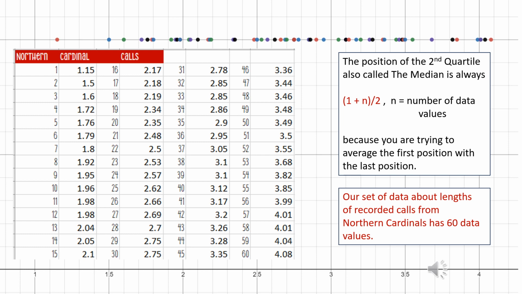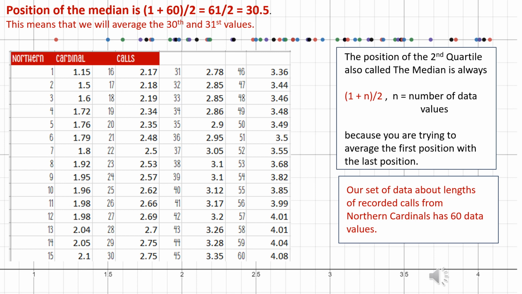So let us find the position of the second quartile, also called the median, for our set of 60 northern cardinal call times. The first position is 1, and the last position is 60. 1 plus 60 is 61. 61 divided by 2 is 30.5.